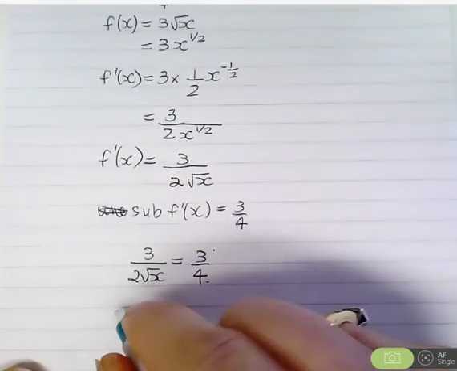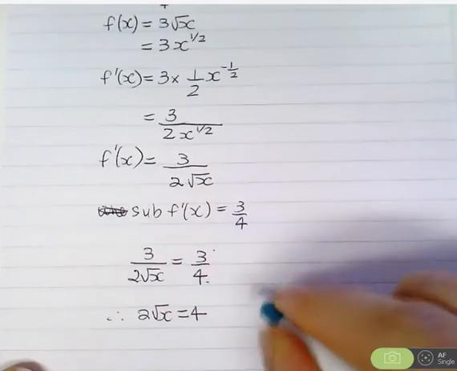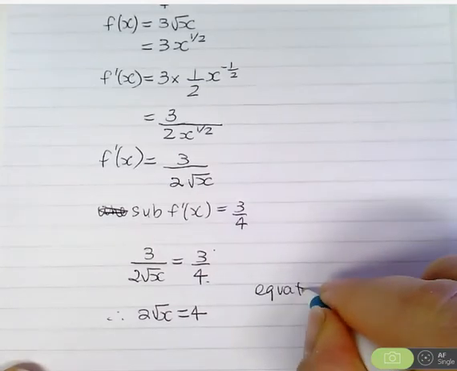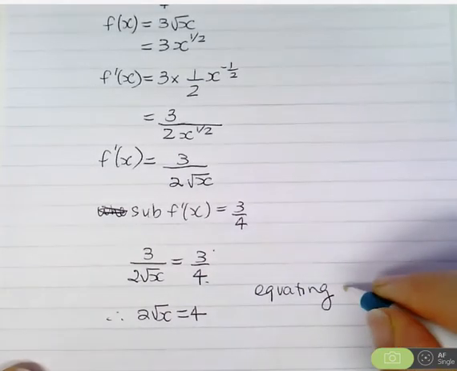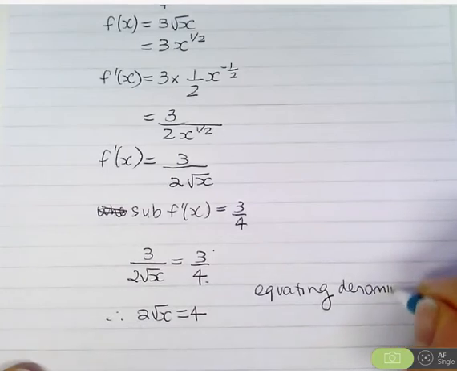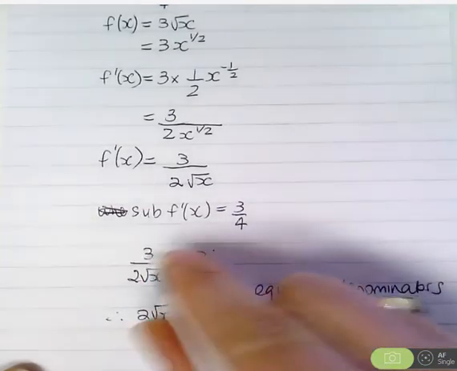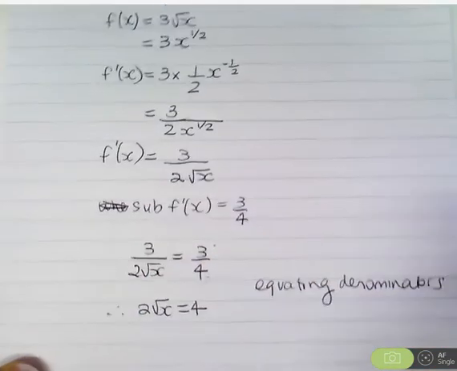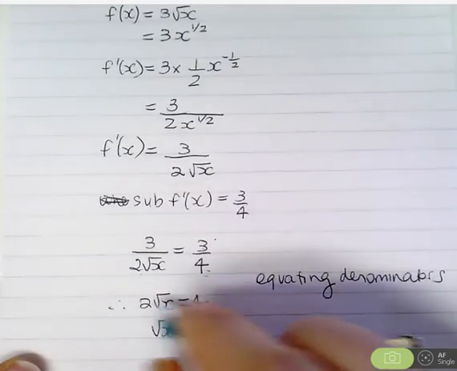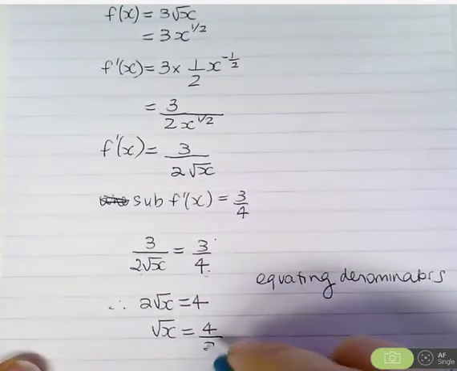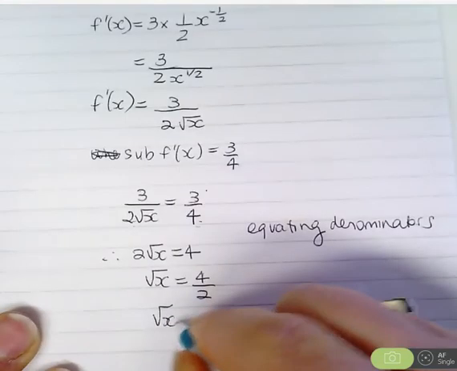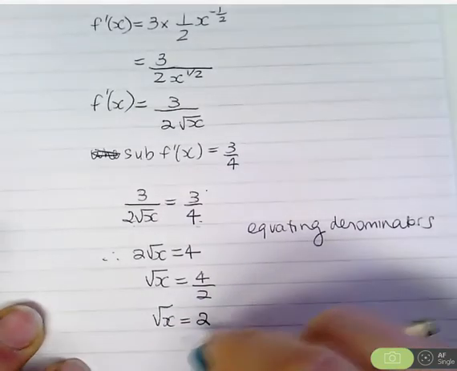Therefore, we can say that 2 root x equals 4, equating denominators, because the numerators are the same. That means that root x is 4 divided by 2. In other words, root x equals 2.